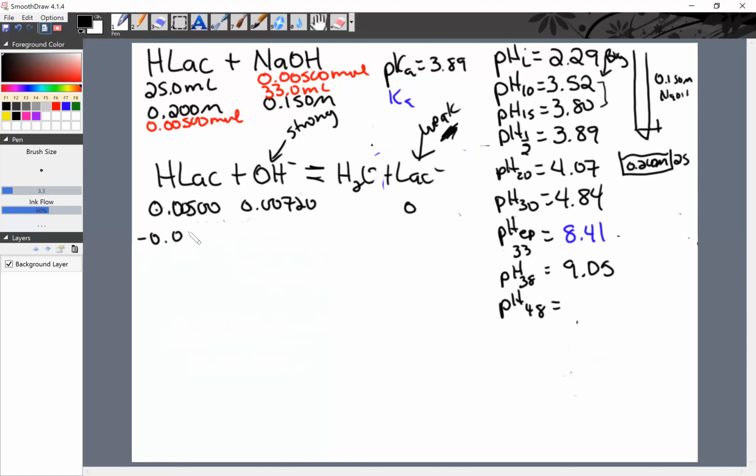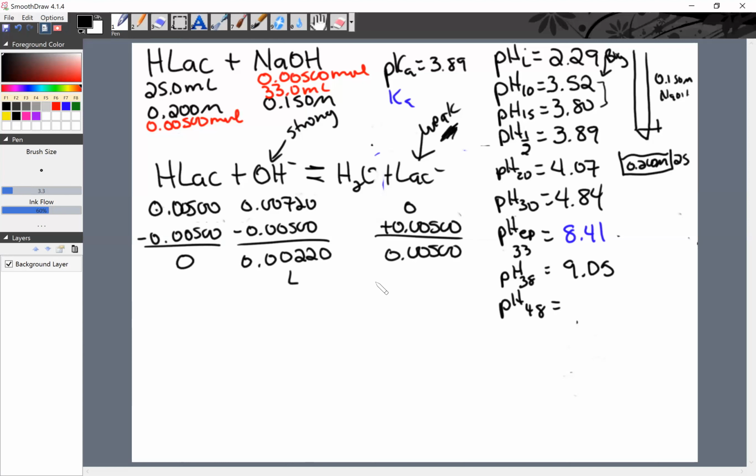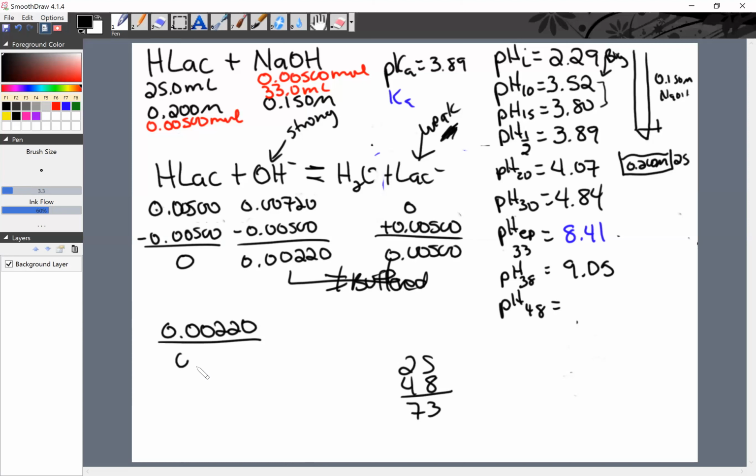Do I have enough acid? No. Oh, not buffered. Who's controlling the pH? My strong base. And I can just take the negative log of it as long as it's in molarity. My original 25 plus 48, 73 this time.